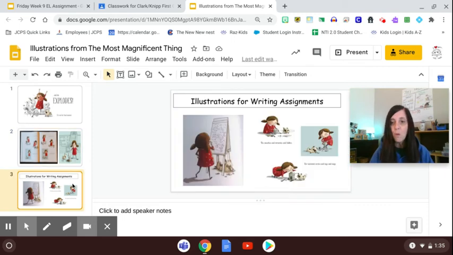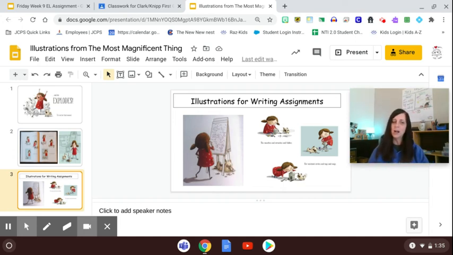I will put more illustrations on it today as well if you need something and you're like, Miss Clark, I need to see this picture better. This is some more illustrations for all of our writing assignments. That's when she was planning what she was going to build. This is her working with her assistant on all her different things.